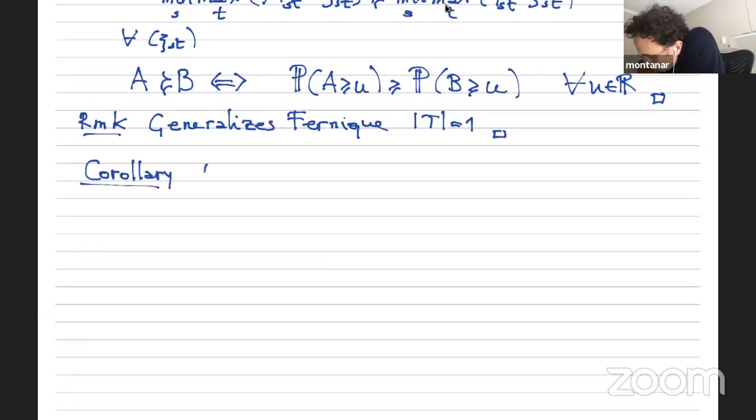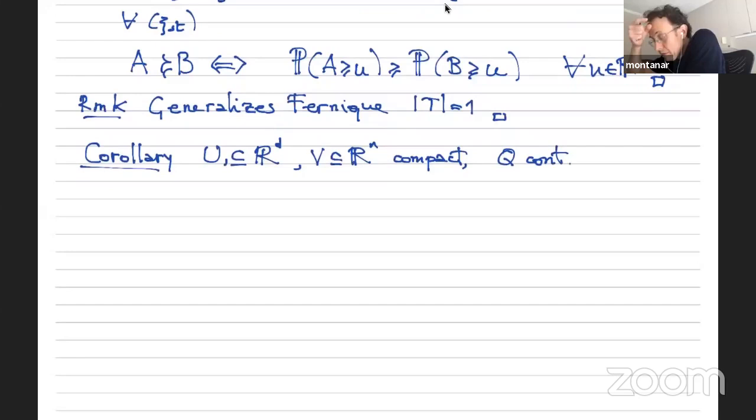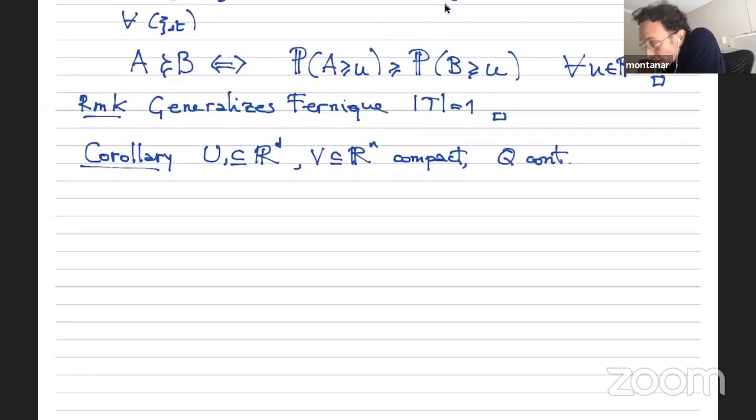Take two sets U in R^d, say, and V in R^n. Just to be careful, let's say that they are compact. And let's take a function Q that is continuous, and then I'll define two quantities.